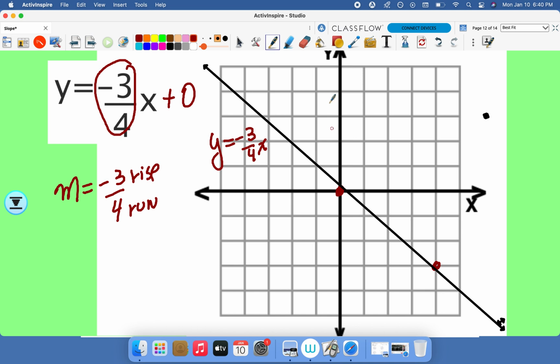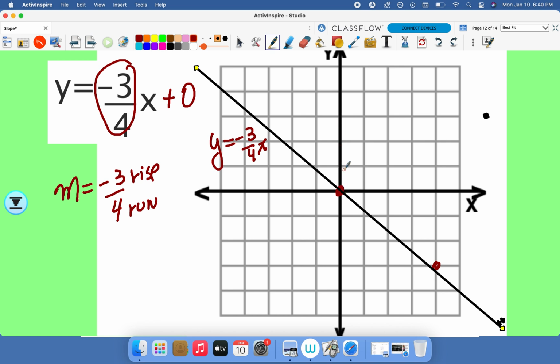So notice that, let me see if I can move this a little better. There you go. Just to show you, this one I'm going backwards, right?